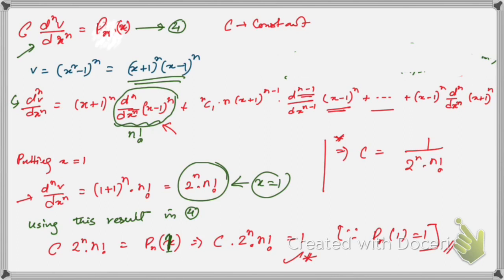Now use this value of C in equation 4 again. Then what you will get, let me take another slide. Equation number 4 was C into the nth order derivative of v with respect to x, that is Pn of x.